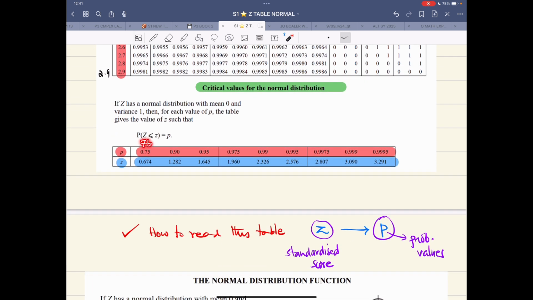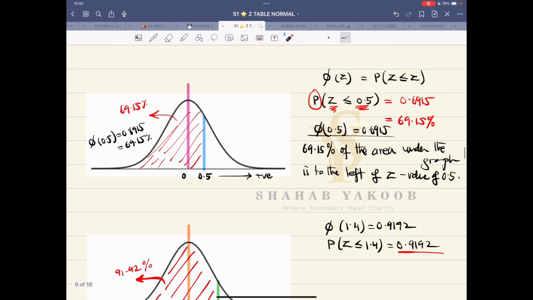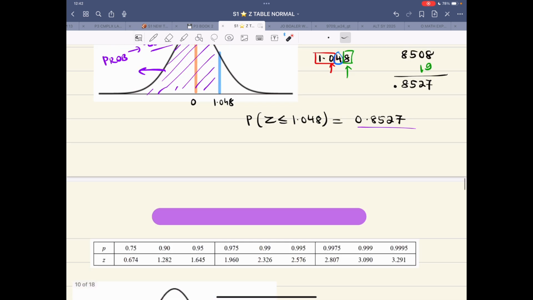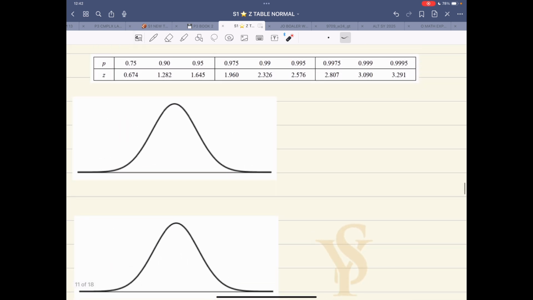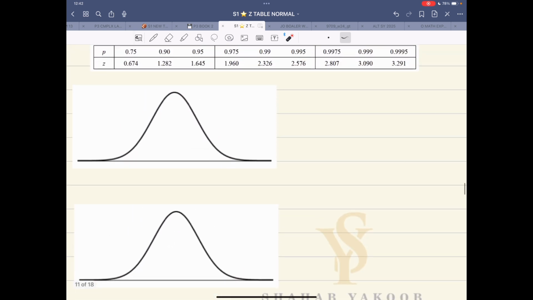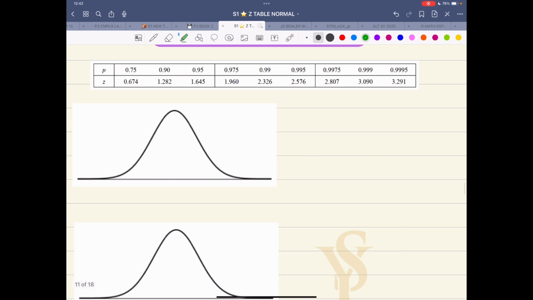So this is 75%, this is 90%, this is 95%, this is 97.5%, this is 99%, 99.5%. These are very less used. These are frequently used, the first 6 values. So that is what this is all about. So let me write it down. For example, let me choose the 90% value.